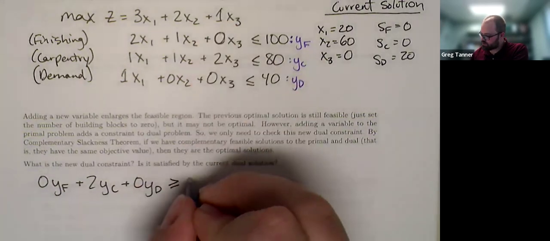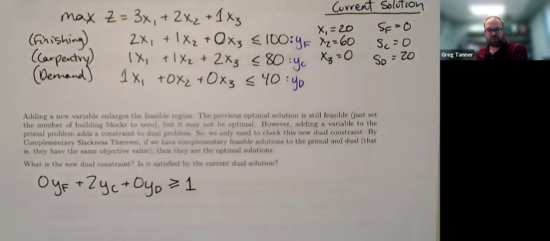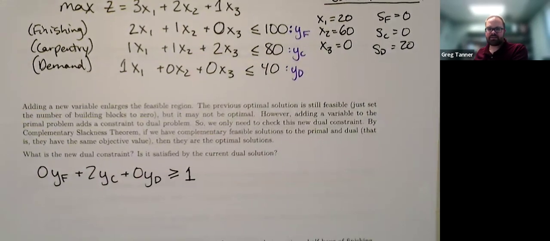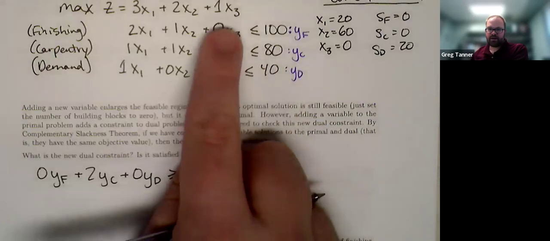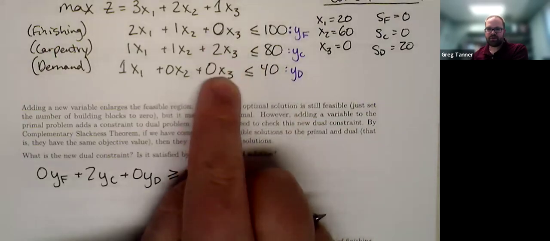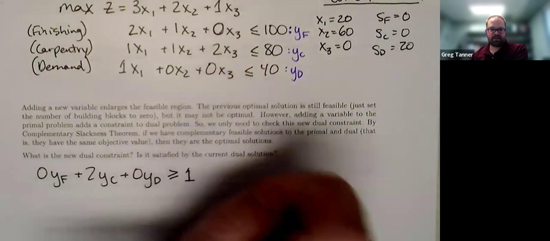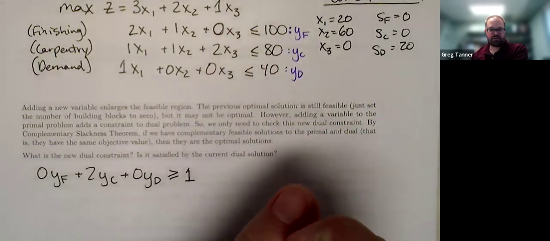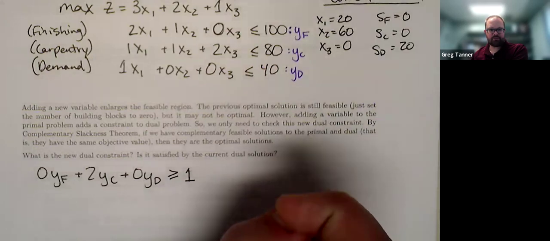So that's greater than or equal to 1. In essence, saying the value of the resources used for these new blocks has to be at least as much as the profit that we get from it.